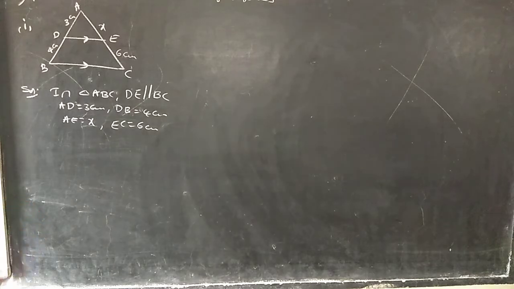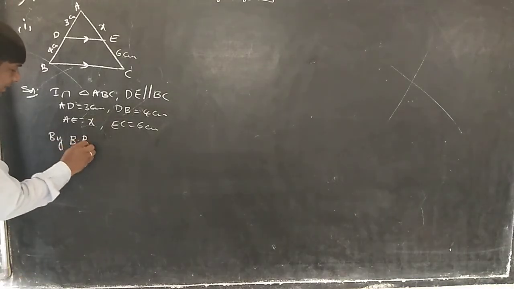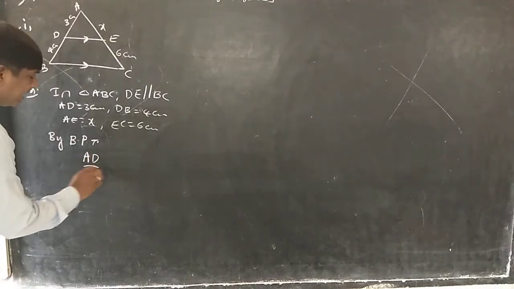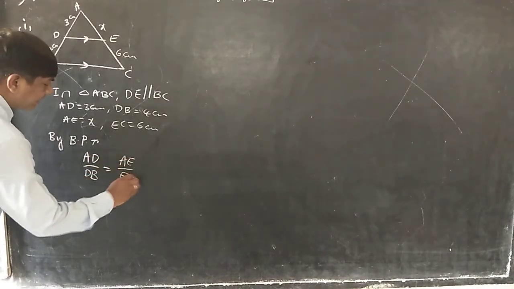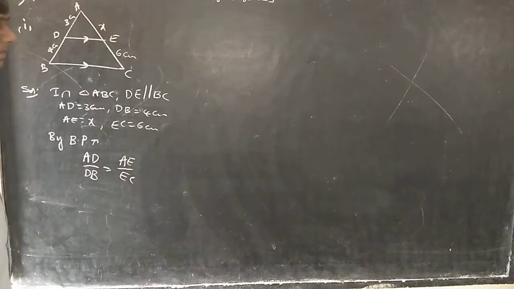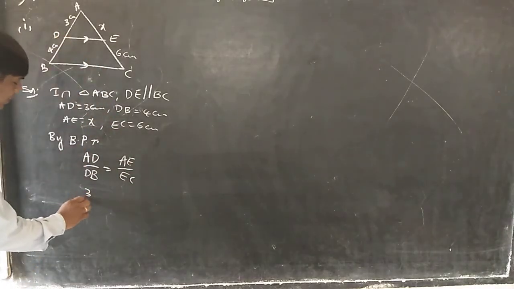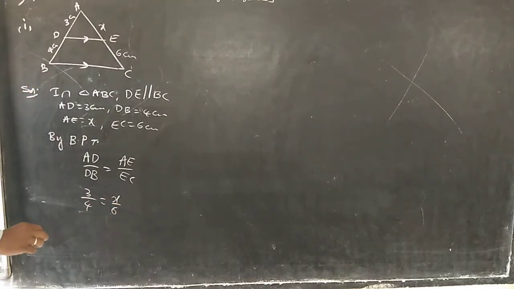Now, by basic proportionality theorem, AD by DB is equal to AE by EC because DE is parallel to BC, no? So, by substituting those values, 3 by 4 is equal to x by 6.